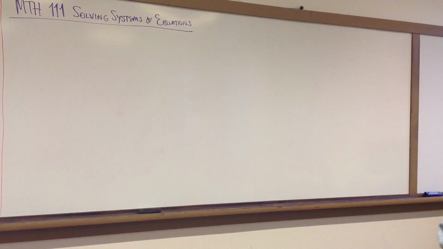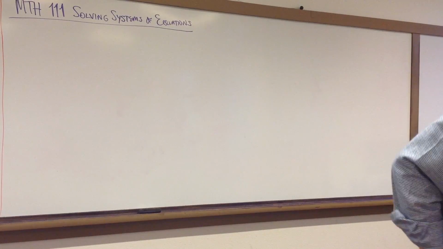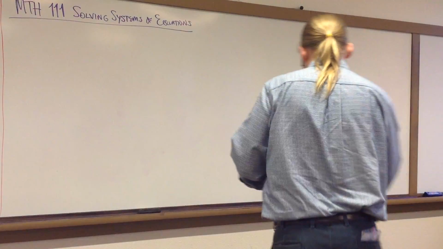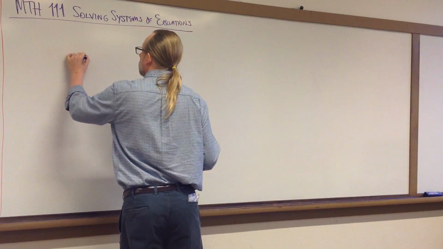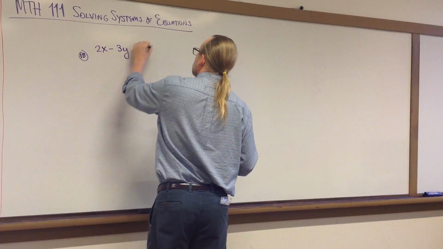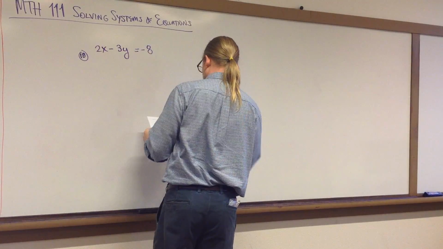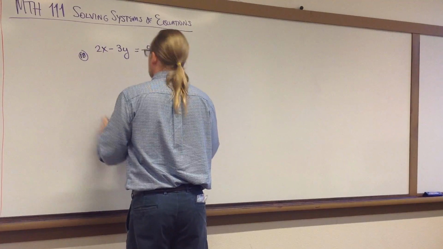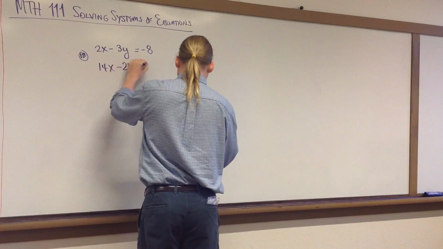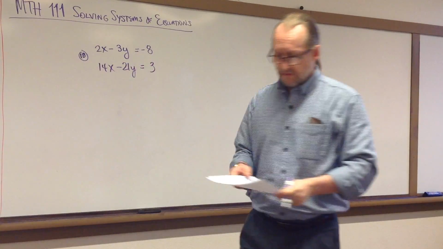Okay, problem 18. 2x minus 3y is negative 8, and 14x minus 21y is 3.